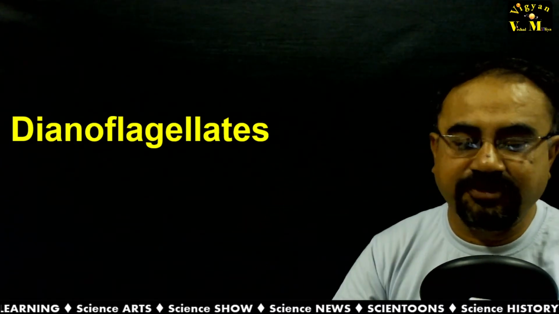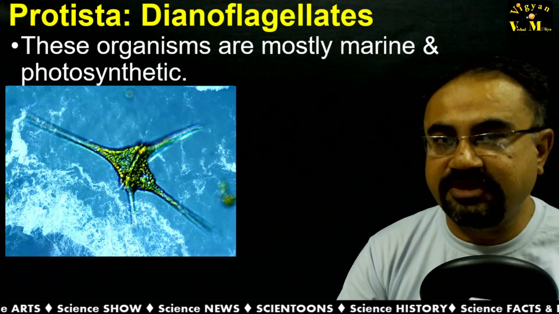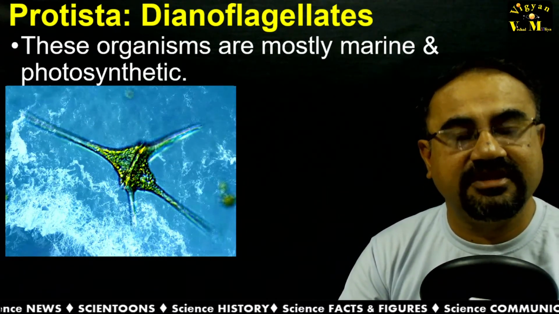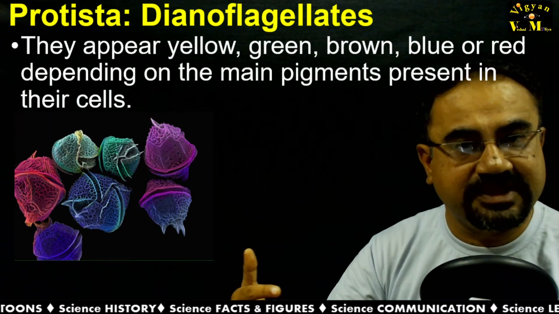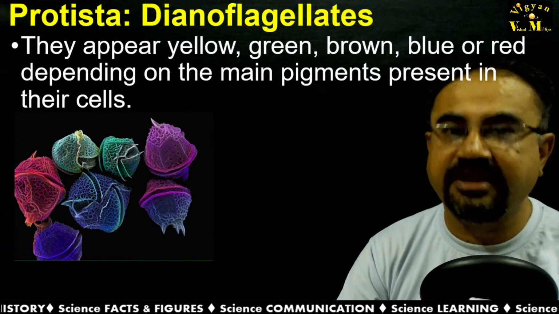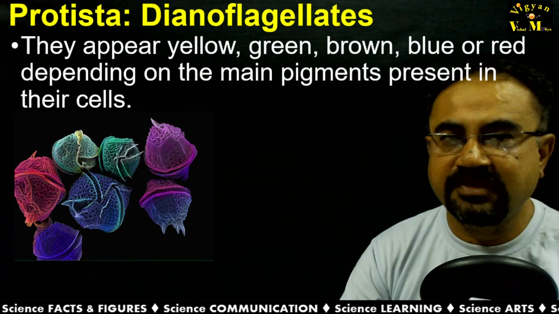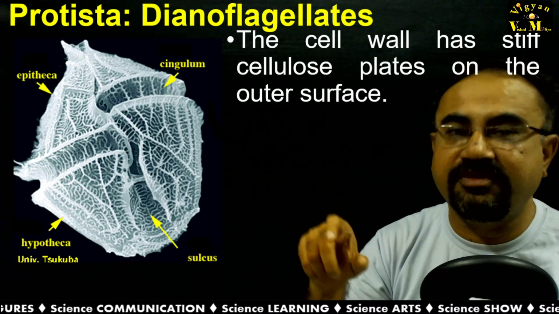Next we are moving to Dinoflagellates. These Dinoflagellates are mostly marine. They are photosynthetic organisms. They have different colors based on the pigment present. It can be yellow, green, brown, blue, or red. Their cell wall has stiff cellulose plates on the outer side.